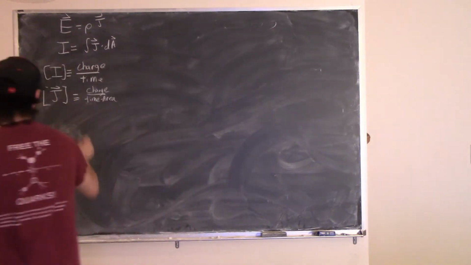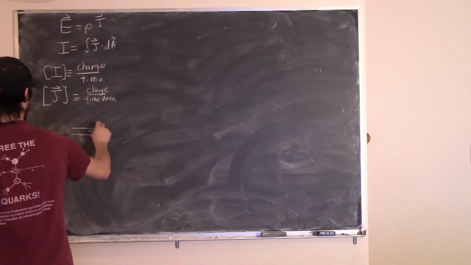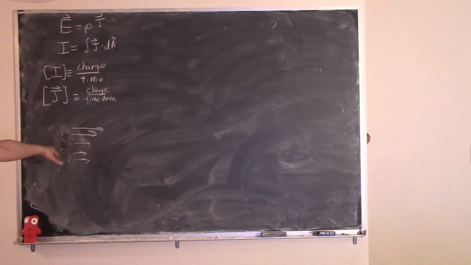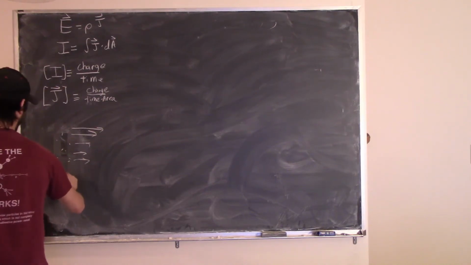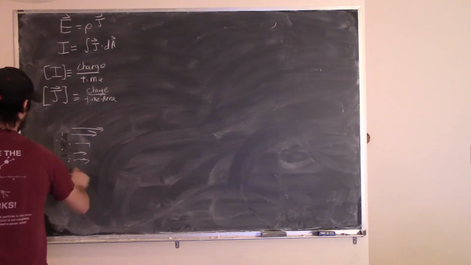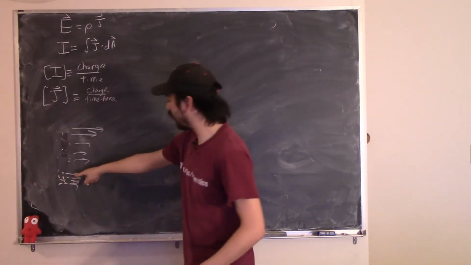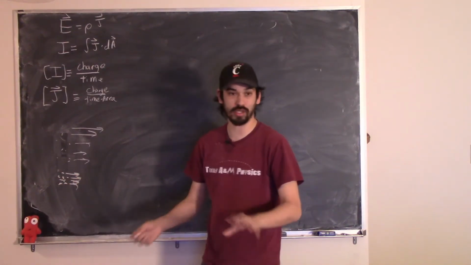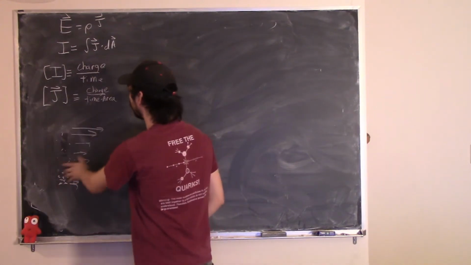So for instance, if I had a whole bunch of charges here and they're all going to be flowing in this direction, we could relate the current density that I have here to some other current density where I have a whole bunch of charges all bunched up. And now these ones are flowing. This has a larger amount of charge in smaller areas. So this would be a larger charge density than this one.